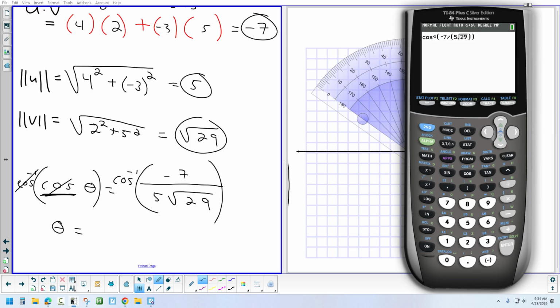That's how you type it in. If you don't put parentheses, it'll either give you an error or, even worse, it'll just give you a number that's wrong. Okay? So we get an angle of 105.07 degrees.